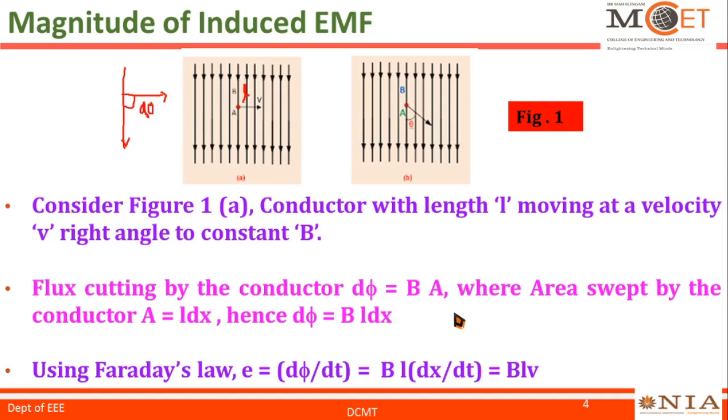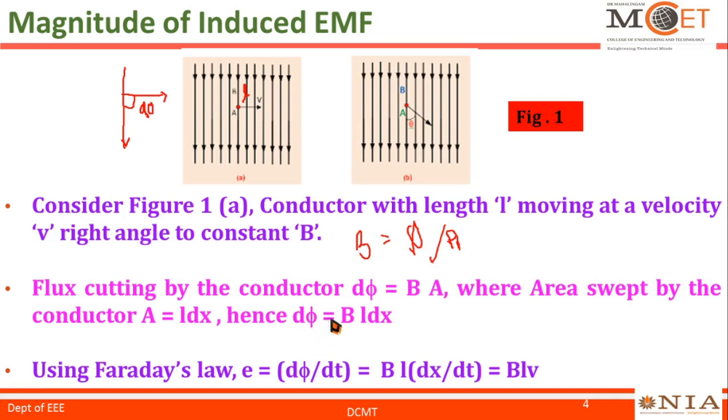Flux cutting by the conductor d phi is equal to B times the area swept. We know from the previous discussion, flux density B is equal to phi by A. From this, we can write phi is equal to B into A, where area swept by the conductor A is equal to L dx.